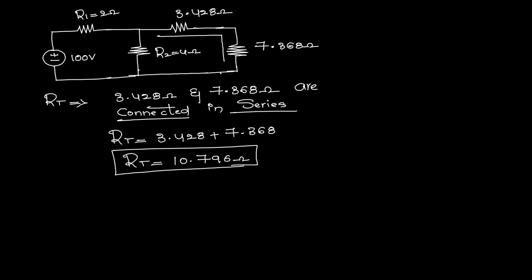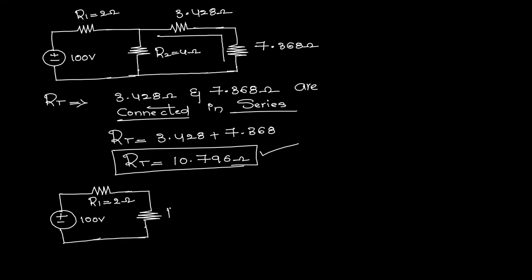Now this is the resultant of what? The series combination of 3.428 ohms and 7.368 ohms. Now again I am going to replace this series combination with this total resistance. So here again I am redrawing the network like this. This one is the 100 volts. This one R1 is equal to 2 ohms, and here R2 is as it is, that is R2 is equal to 4 ohms.